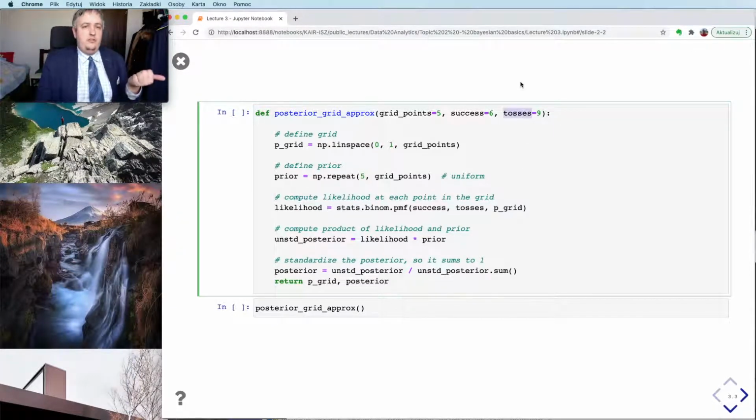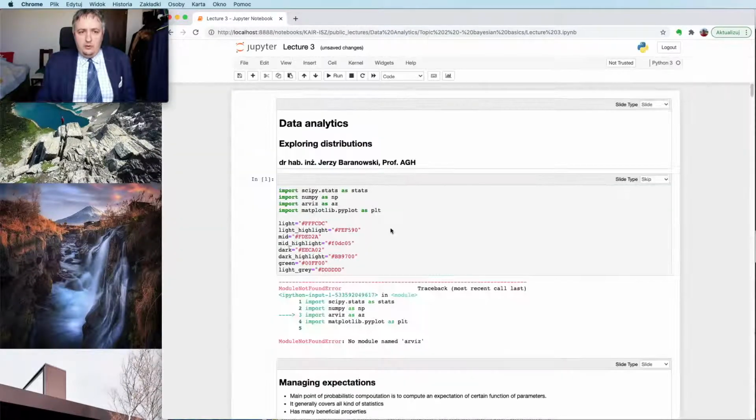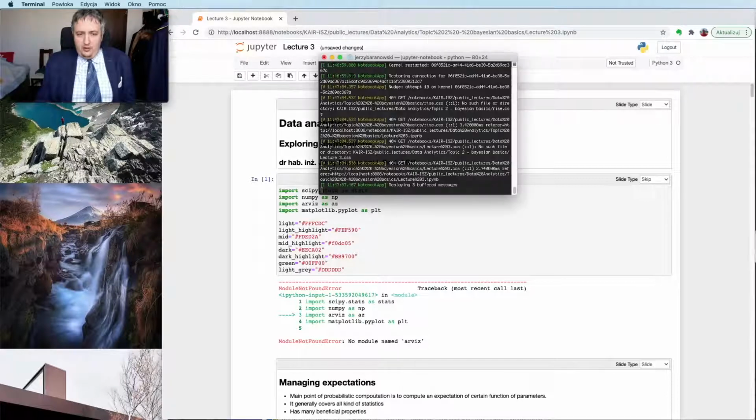So instead of successes and failures, we just define the success and the n. Success, of course, is finding water. Failure is not finding water. And we get the... something has broken. Oh, I don't have one package installed. Sorry, I need to correct that.